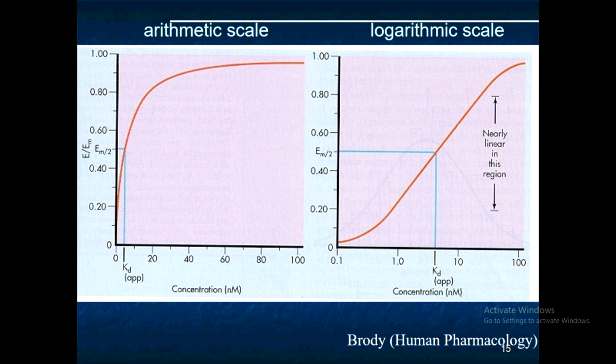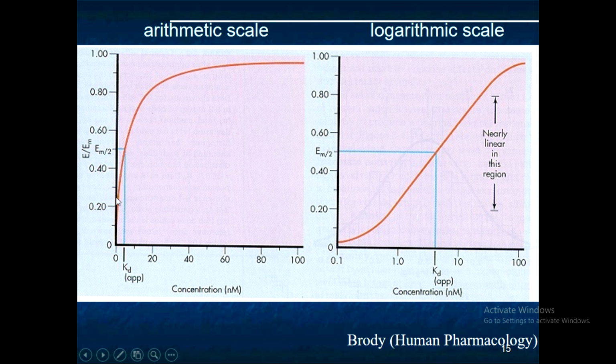Okay, so you gave, let's say, 50,000 molecules. All the receptors are occupied, so the drugs have to wait for the receptors to be released before they are able to bind to the receptors again. And that would account for the fact that even if you increase the concentration, it wouldn't increase the effect.